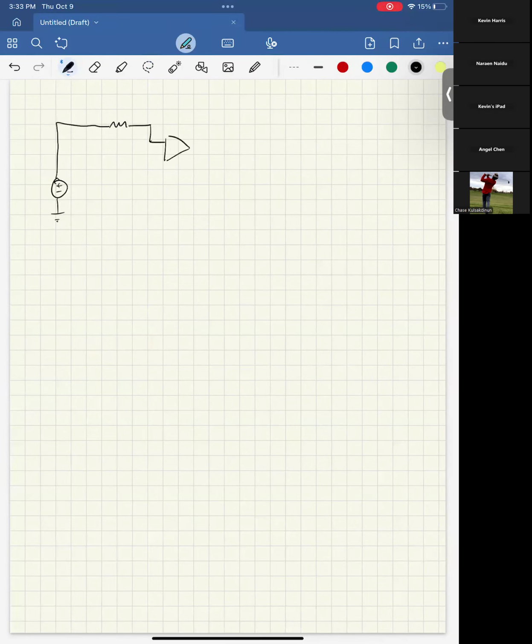So this is one of those questions where you just have to think about how you could redraw the circuit to make it make a bit more sense to you, or just look at the connections very directly and make sure you're not messing up.